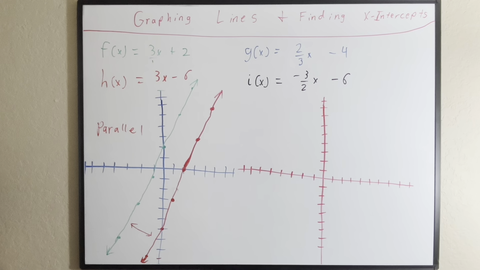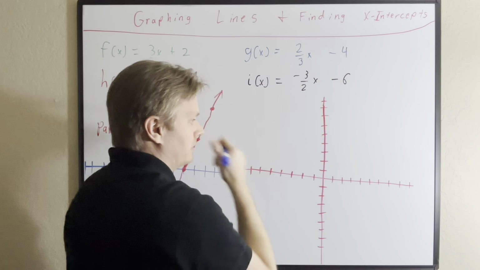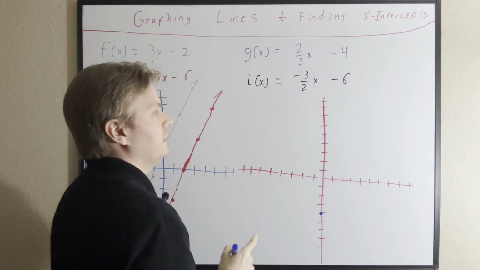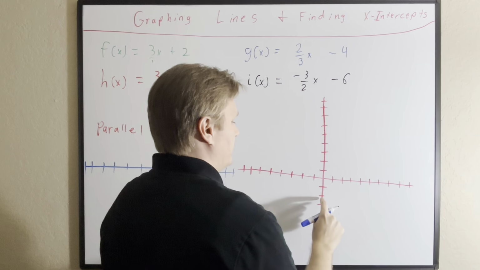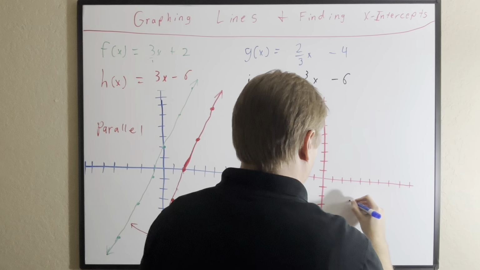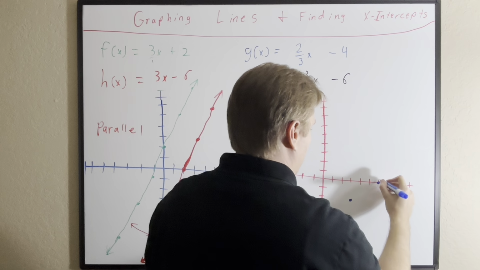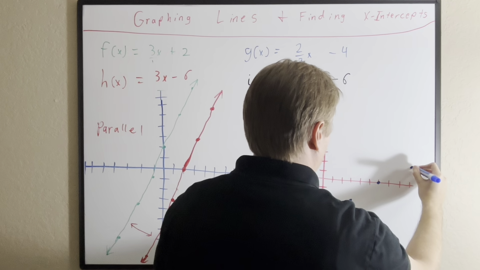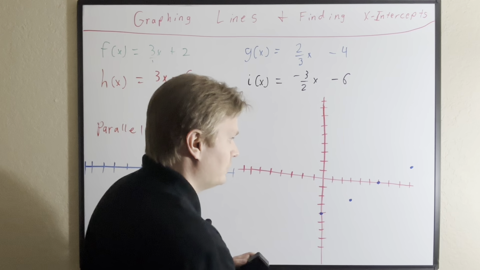All right, let's do the blue one. 2/3 x minus 4. Okay, 1, 2, 3, 4. We got this down now, right? 2 over 3. So rise over run. So still positive, so we go up 2 and to the right 3. 1, 2, 3. Up 2. Or still in the positive direction, we go down 2, left 3.